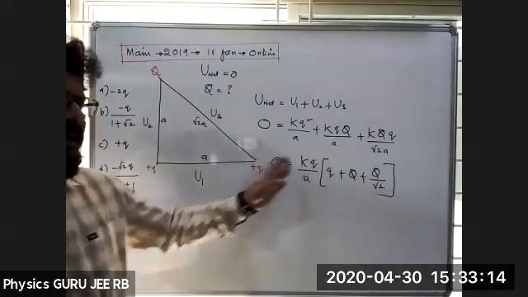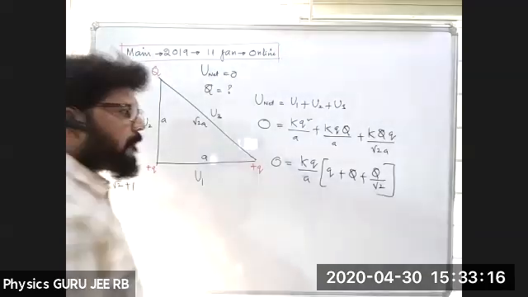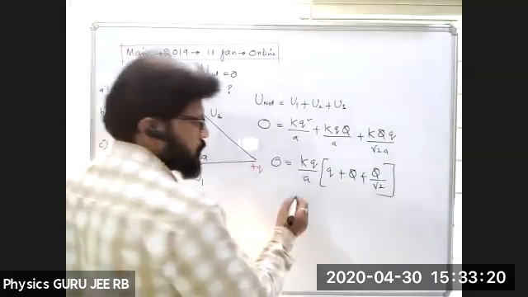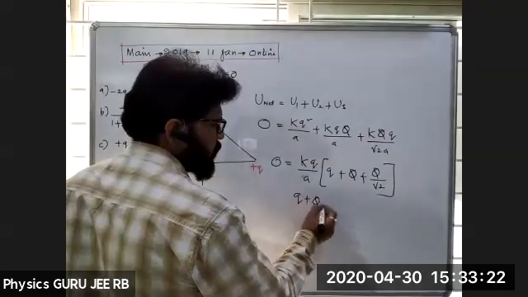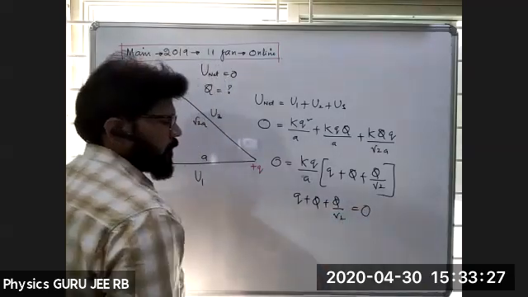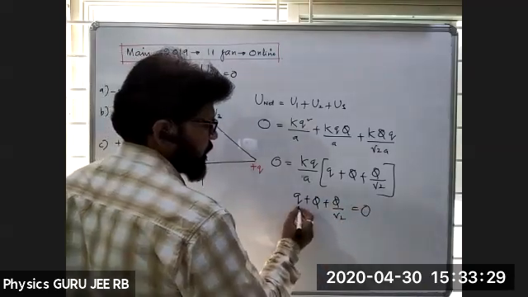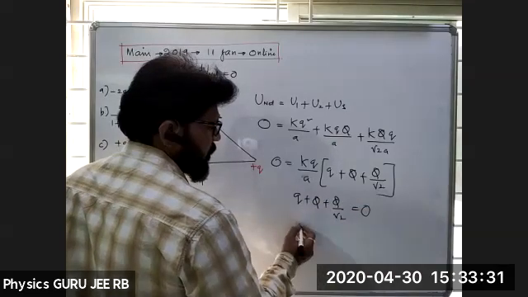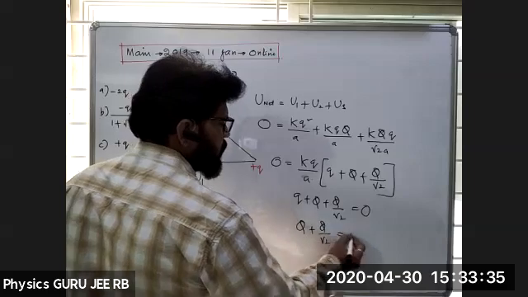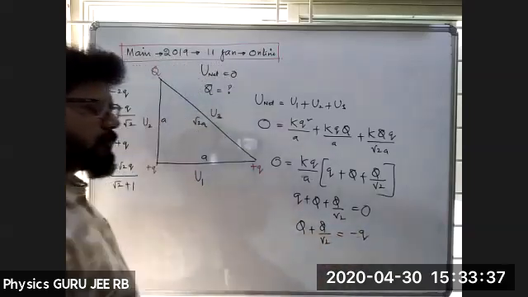This will become completely 0. Then K q by A is a constant, cannot be 0. So q plus Q plus Q by root 2 equals 0. Or simply we can write, taking that side, q plus Q by root 2 equals minus q.